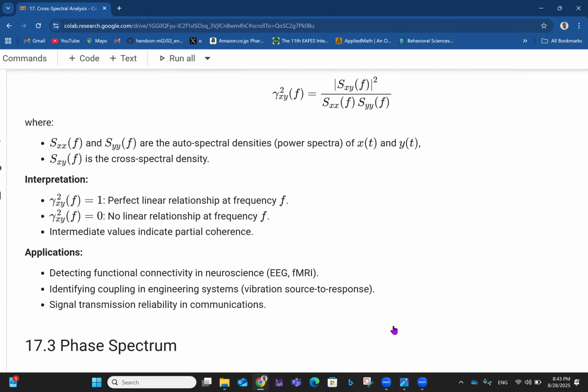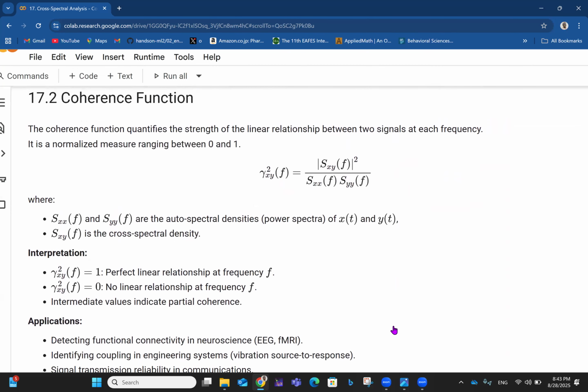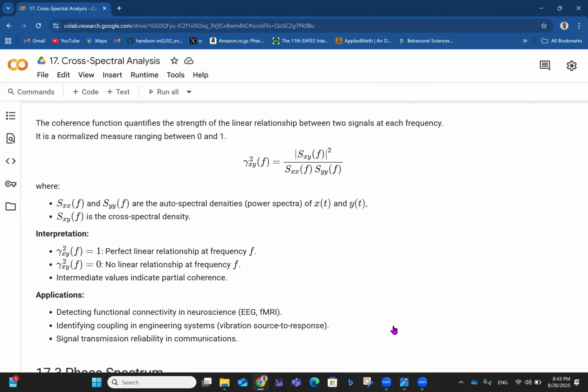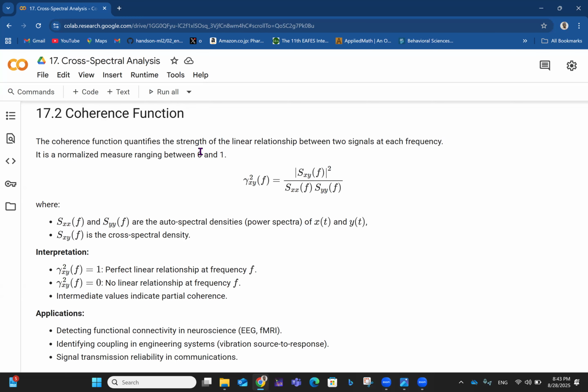In line with that, we have to talk about a coherence function when we talk about cross-spectral analysis. The coherence function quantifies the strength of the linear relationship between two signals at each frequency. It is a normalized measure ranging between 0 and 1, given as gamma sub xy squared of f, which is the absolute value of S sub xy of f, all squared, over S xx of f times S yy of f.